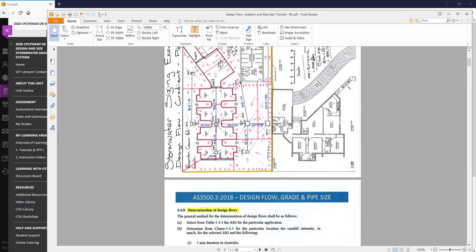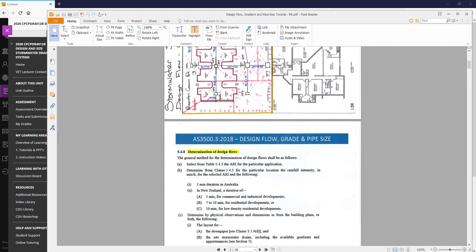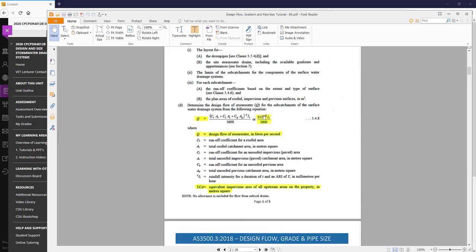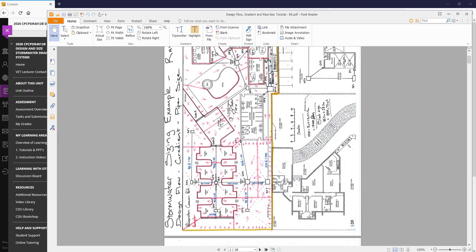So 20 square metres would be the number that we would use for that particular calculation, and multiply that by the rainfall intensity for the area. So in Palmerston, I think you'll find when we go through and work it out, I think it's 232 millimetres per hour. So we multiply 20 by 232, and then we divide it by 3,600, and that will give us our design flow for the section of pipe.